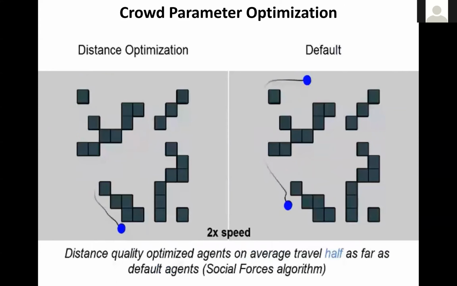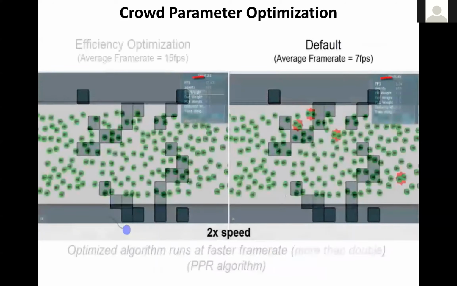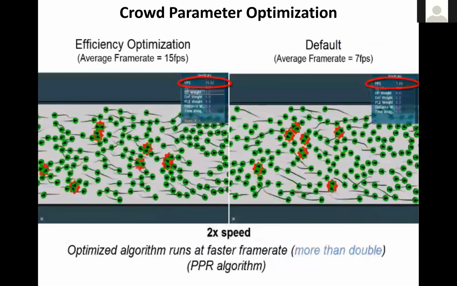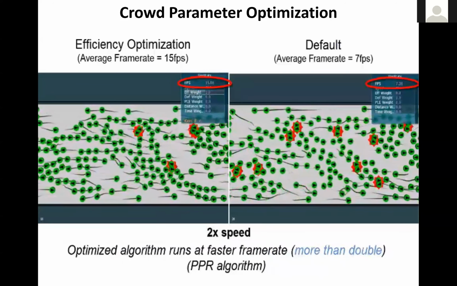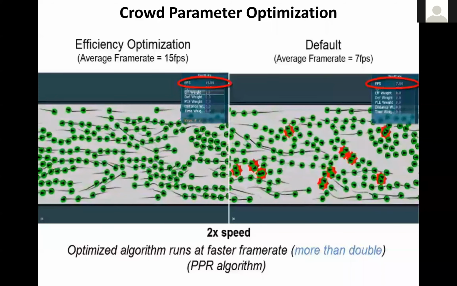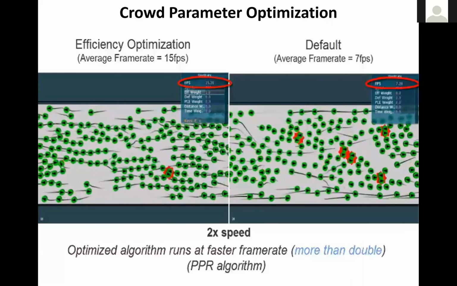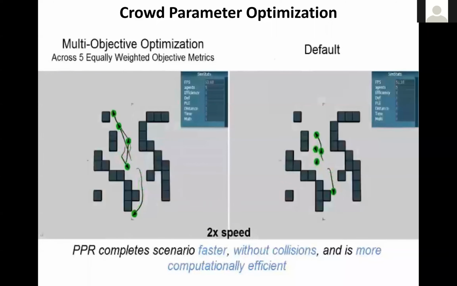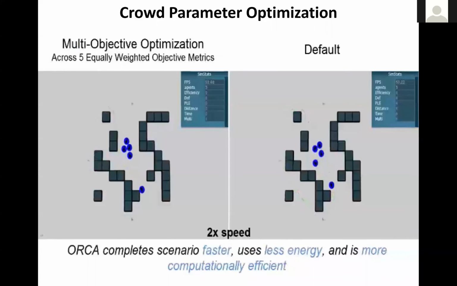So for example, if we wanted to produce a movement of crowds that minimizes the amount of time it would take to evacuate a building, we can search through the space of crowd movement parameters and derive a movement strategy that achieves that complex dynamic. So these are the kinds of questions that we can ask with these kinds of solutions.